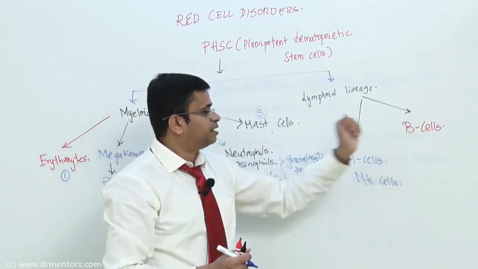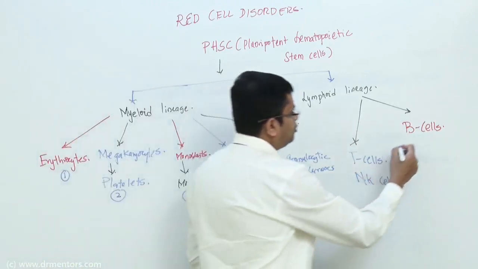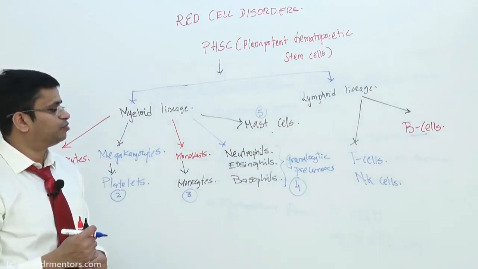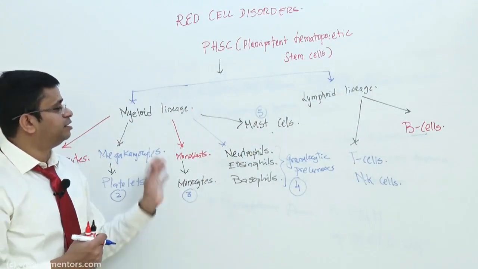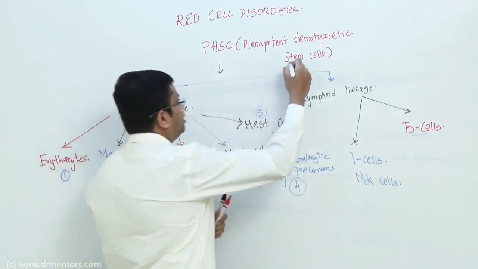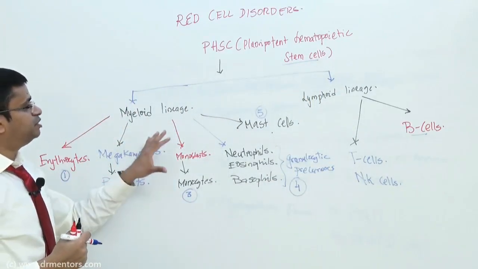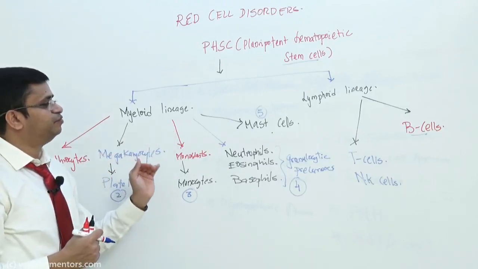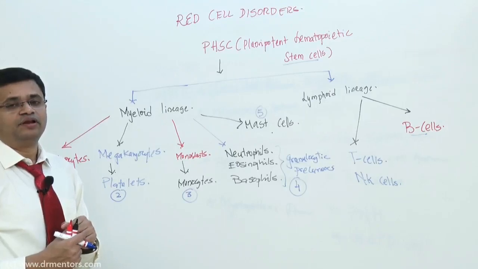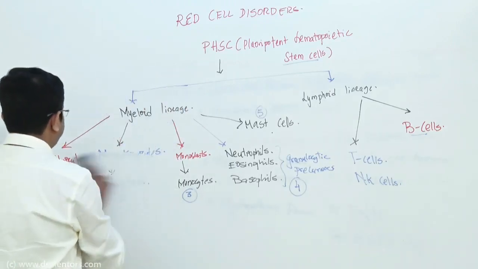The second subdivision gives rise to the mature B lymphocytes, which we get to see in the bone marrow and also in the lymph nodes and various places. So we'll talk in detail. The whole quest is understanding that all these come from the stem cell. Once you know these are the major cells coming from the pluripotent hematopoietic stem cells, it will be easy for us to further understand the subtopics.